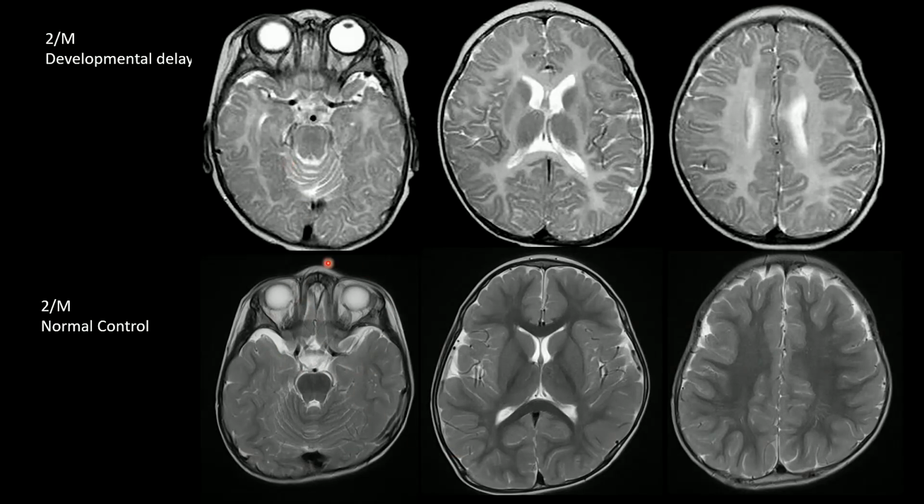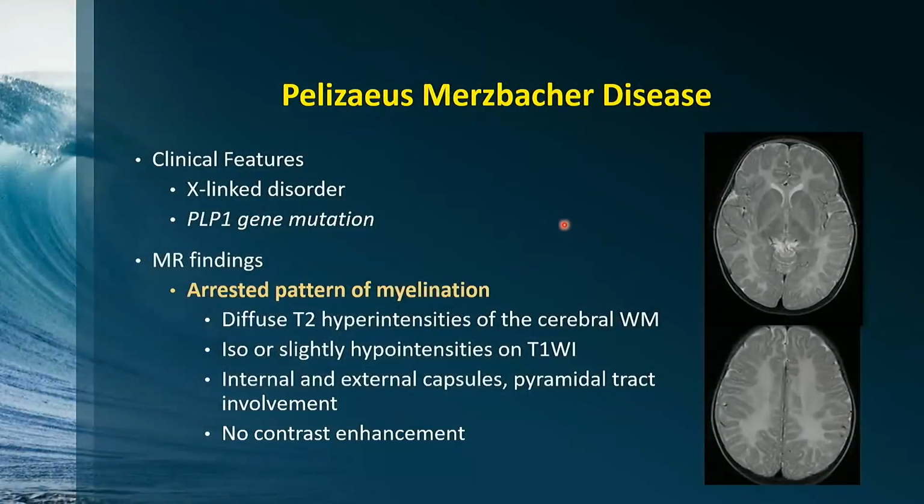This is a comparison with a normal control of 2 years old, and the disease case shows arrested myelination. This is the case of Pelizaeus-Merzbacher disease, which is an X-linked disorder with PLP1 gene mutation. The typical imaging pattern is arrested myelination.